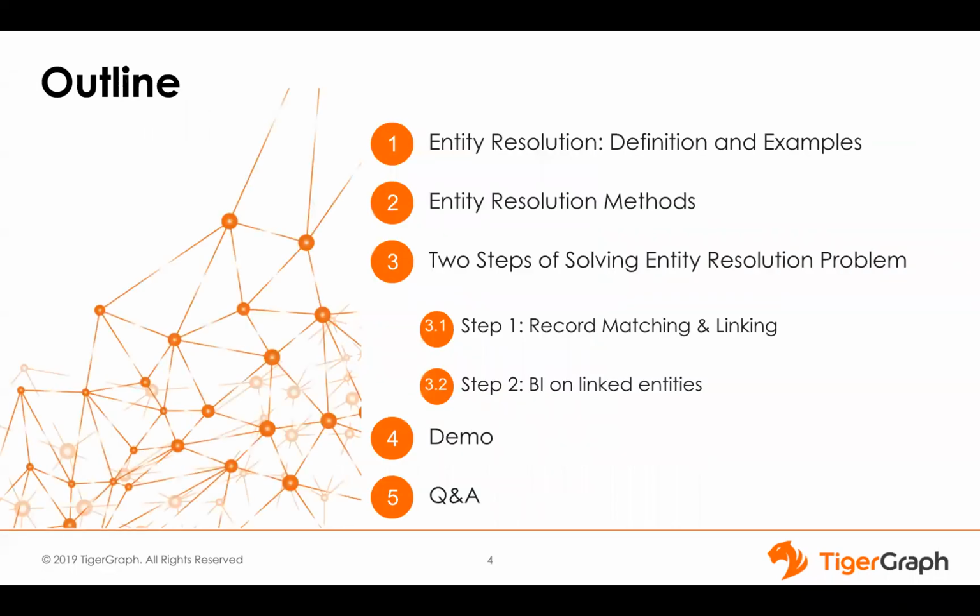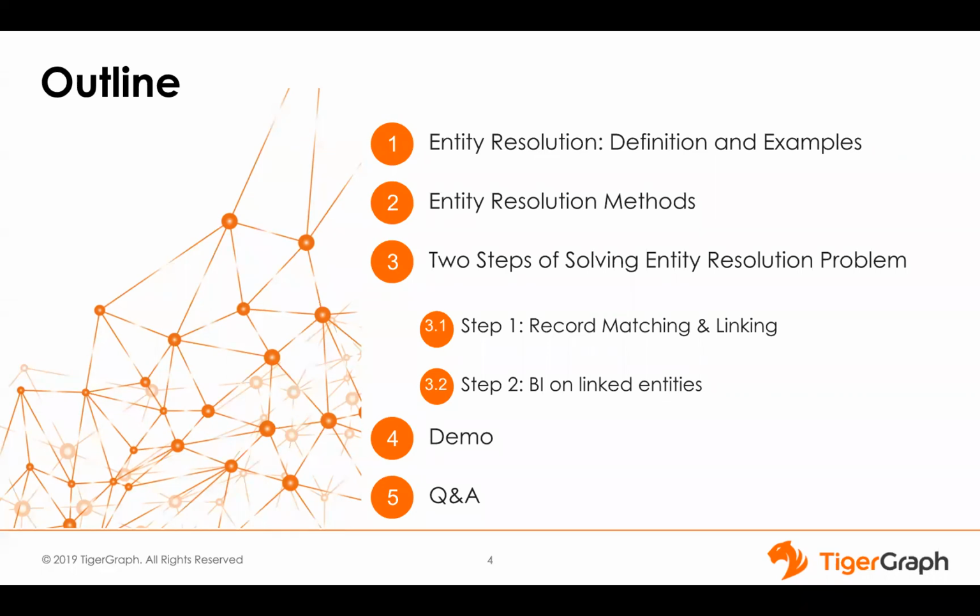So the way we're going to cover it today is I'm going to talk about just what we mean when we talk about entity resolution, which hopefully should be reasonably familiar, but it doesn't hurt to go through it. Also the different methods that are applied when people are doing entity resolution, not only with graph databases, but generally.